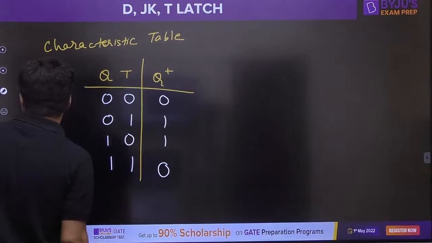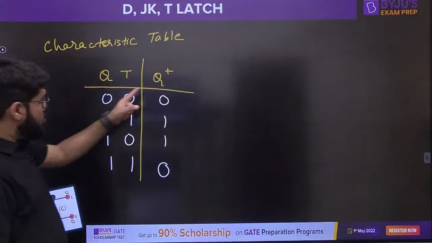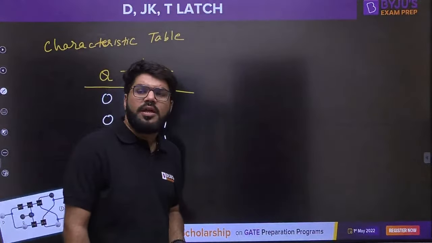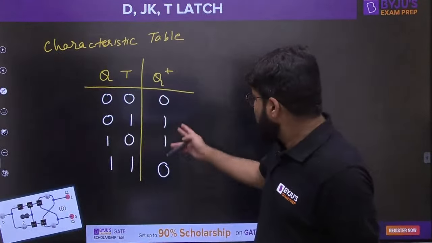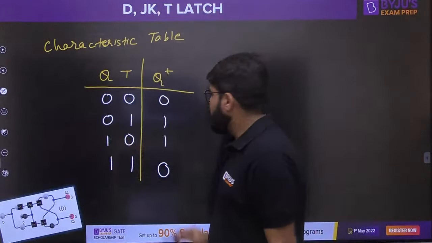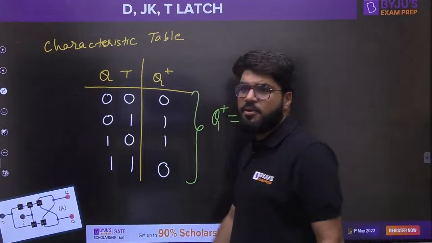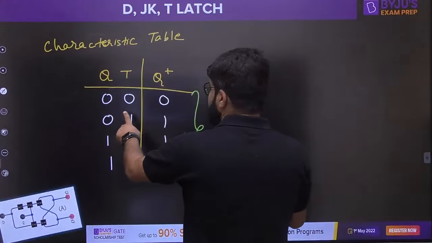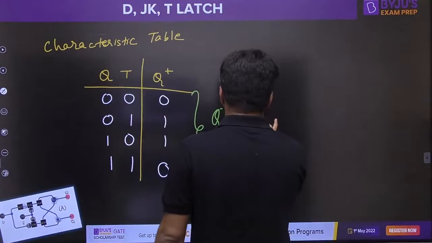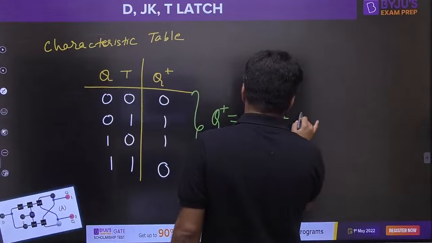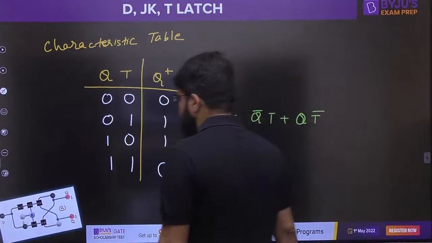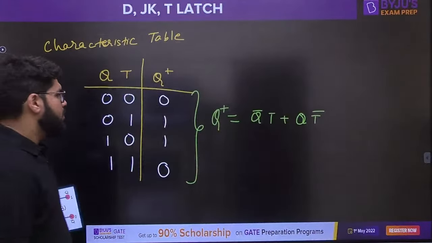Now, if you clearly see this truth table, this is just the truth table of an XOR gate also. The output is high when both the input bits are different. This is simply the truth table of the XOR gate, or I can say it implements Q bar T plus Q T bar.